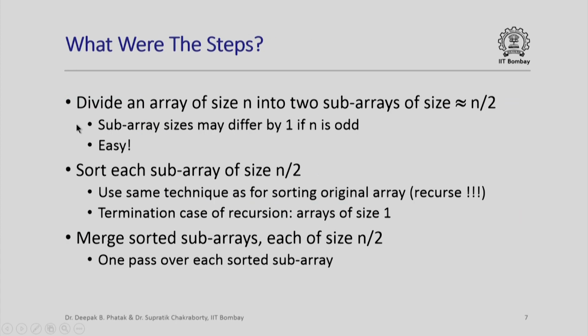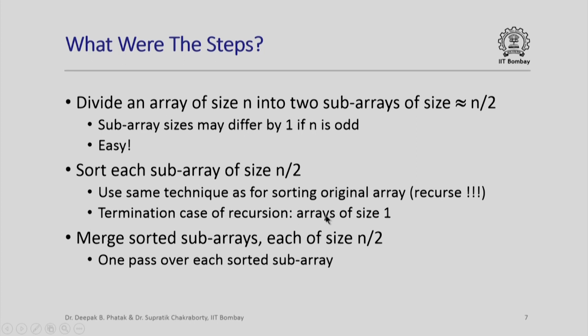So what were the key steps involved in merge sort? We basically divided an array of size n into two subarrays of roughly n/2 size, and of course if n is odd, then these two subarrays will not be exactly the same size, but their sizes may differ by 1, and this was an easy step. Then we recursively sorted each subarray of size n/2 using the same technique as the one that we used for sorting the original array, and the terminal case of this recursion was arrays of size 1.